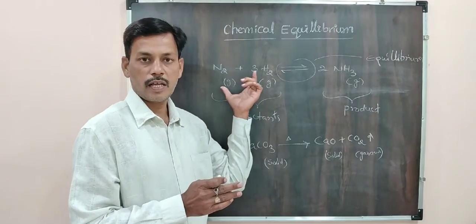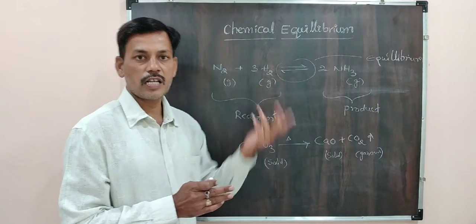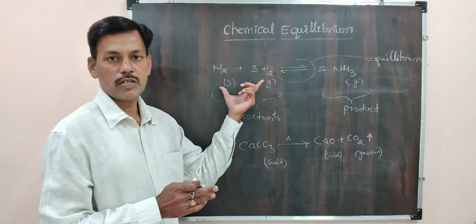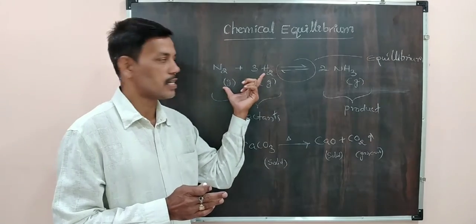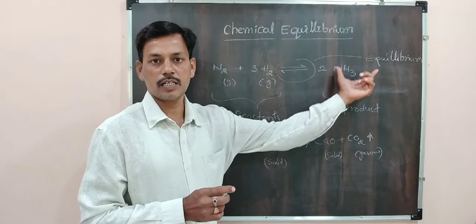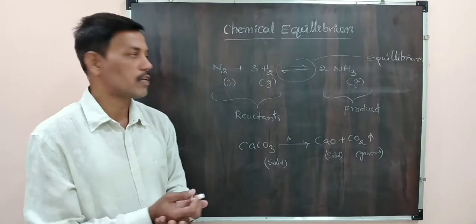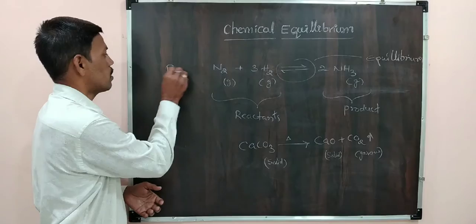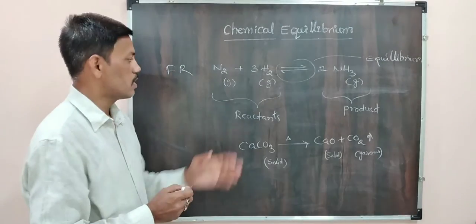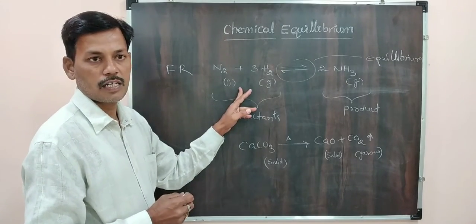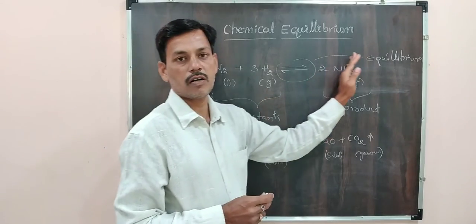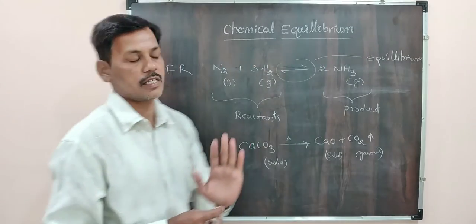Firstly, in the initial stage, the concentration of reactant decreases and the concentration of product increases. This reaction is called the forward reaction. In this, reactant concentration decreases and product concentration gradually increases.